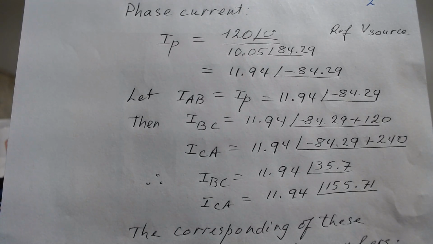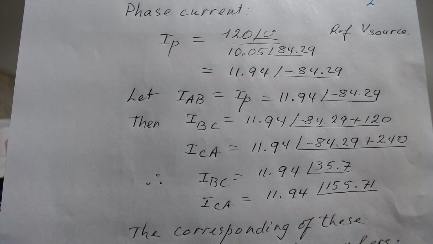So the IBC is equal to 11.94 with an angle of minus 84.29 plus 120 degrees.